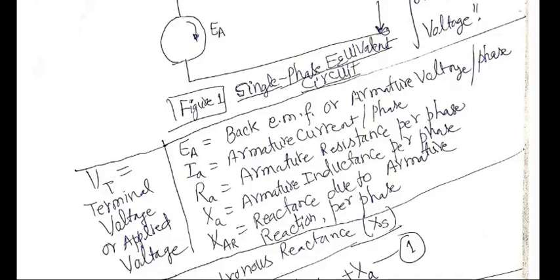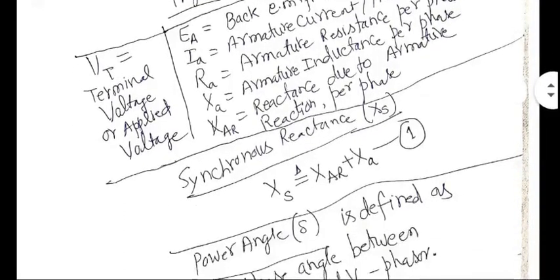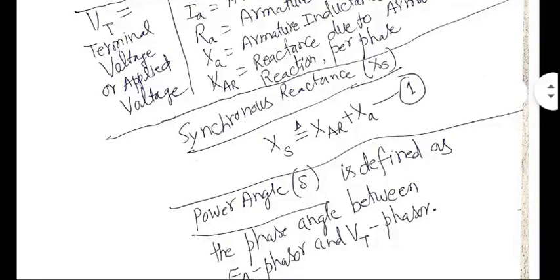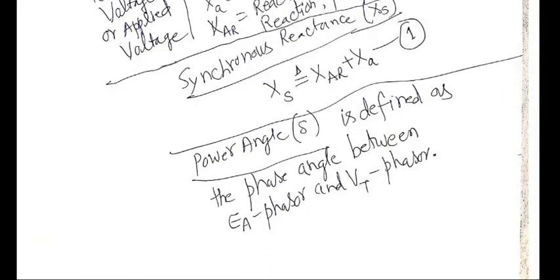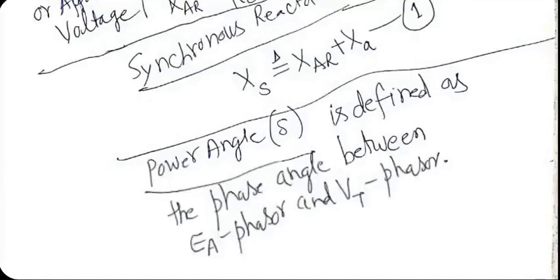And XAR is the reactance due to armature reaction per phase. Synchronous reactance is XAR plus XA. Generally, you are given XS directly rather than individual values of XAR and XA. Power angle is the phase angle between EA and VT.